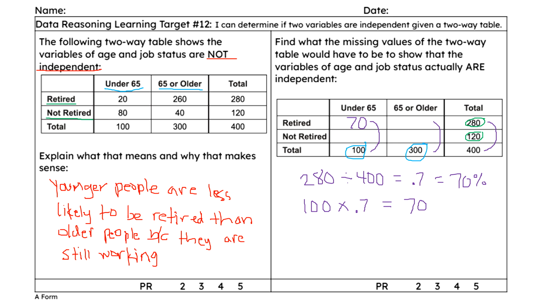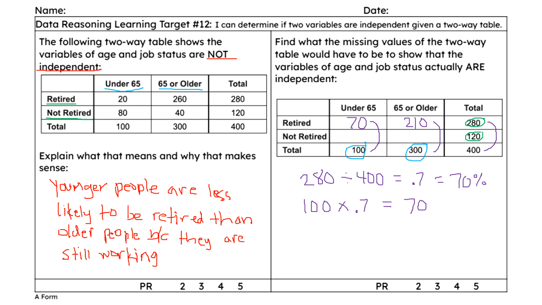So I could also use the same method to figure out what 70% of 300 is if I would like to. Or at this point, I could just do some subtraction and say, well, 70 out of 280, this has to be 210 left. And I bet you 210 divided by 300, I bet you that's 0.7 as well. In fact, yes, it is.